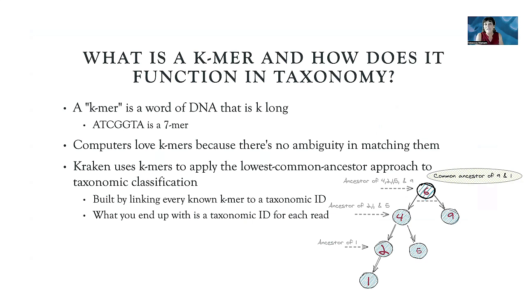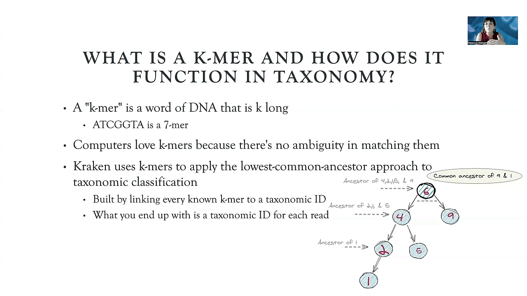Let me tell you, computers love k-mers because there's no ambiguity in them. Think about running a gel and you're trying to look at restriction fragments on that. And if you didn't run the gel long enough, they're all together. If you ran it too long, it doesn't look the way you expect. You might get confused, and you've got some human error in this. With the computers, there's no human error in this.